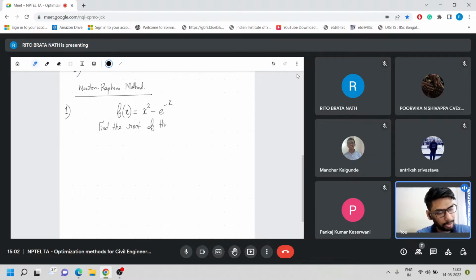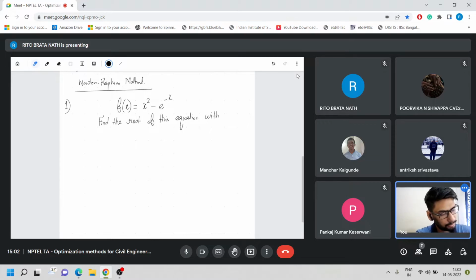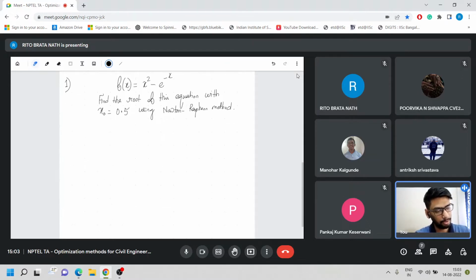There can be multiple, but using the Newton-Raphson method, find where this function f(x) vanishes, with x naught equals 0.5, which is the starting value in your Newton-Raphson method. Okay, so let's try to solve this.